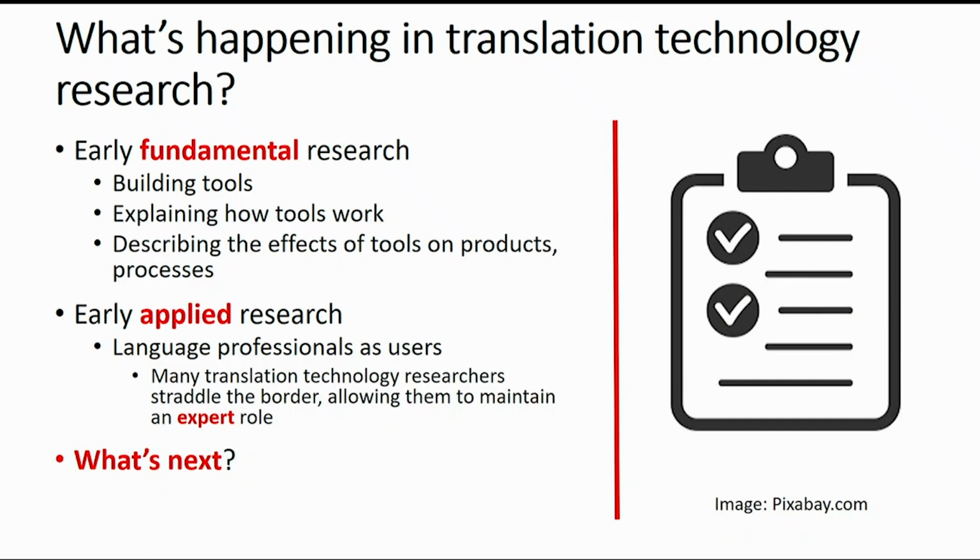Many translation technology researchers actually straddle the border. A lot of us have practical experience, maybe before we came to research or alongside our research. So we know a lot about the language professional community, and we are able to maintain that role of expertise because we're straddling that border.